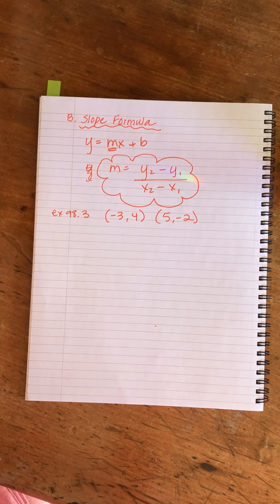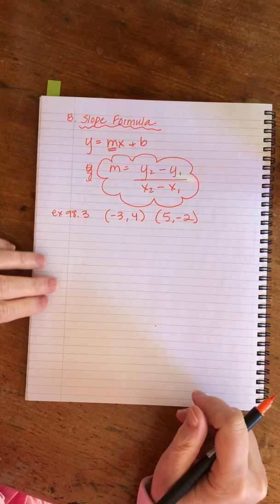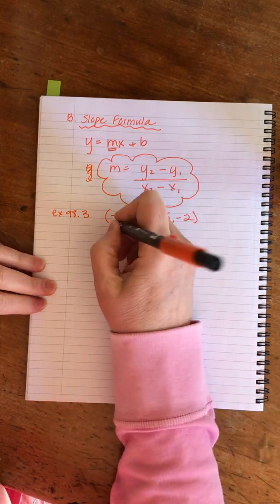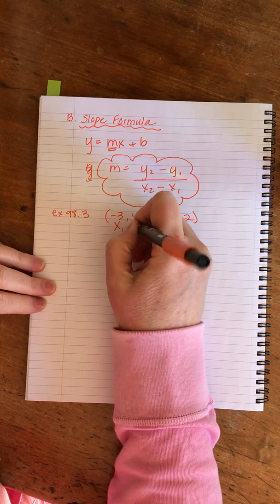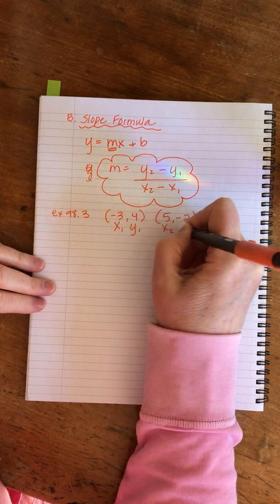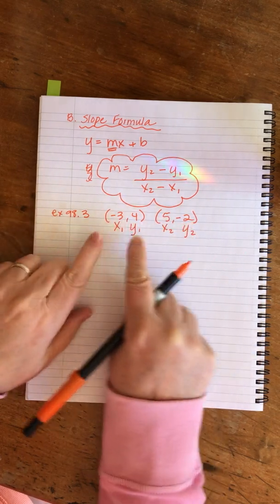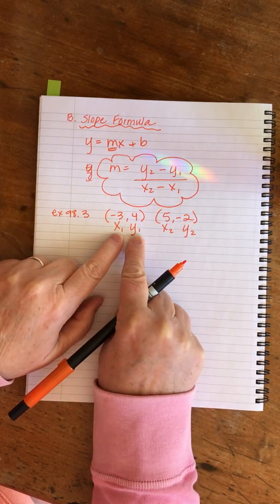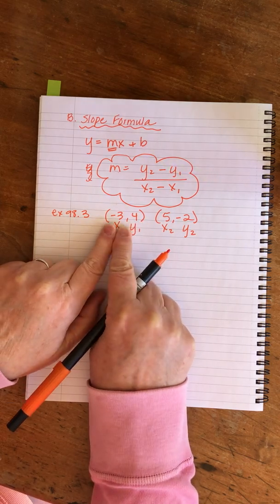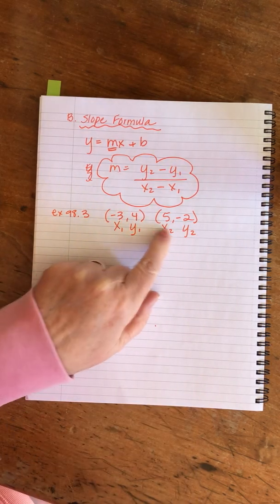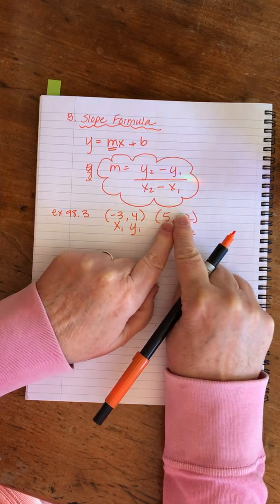We're trying to find the slope of that line. Okay, here's how we do it. We name these points. We know they're already x and y, right? We give this one a pair of 1s so that we see those are the 2 that go together in this pair of points, and then these guys are 2 because they're in this pair together.